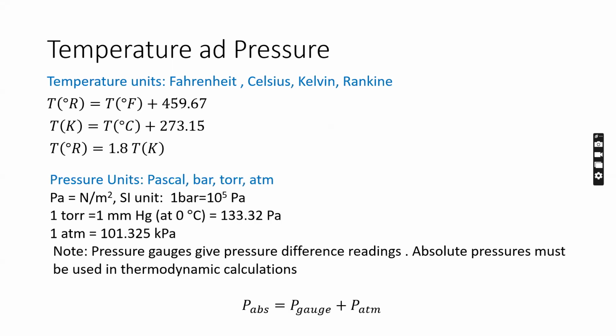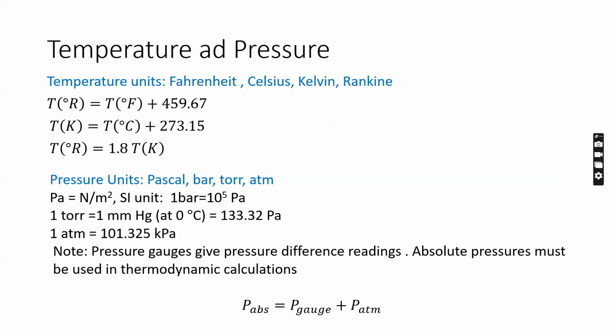And the second one, pressure, has different units like Pascal, which is an SI unit, bar, which is 10^5 Pascal, torr, which is actually 1 mm of Hg, the mercury. So in most of the manometers that we use in industries and labs, mercury is used for measuring the pressure difference.